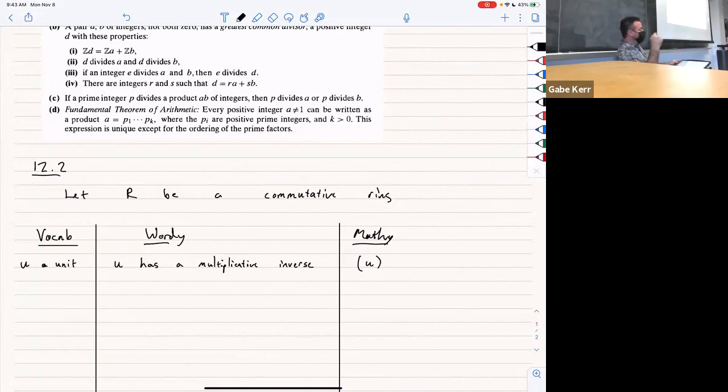So I can multiply U by some element V, and I get V times U equals 1. So 1 is an element of my principal ideal. All multiples of U are in my principal ideal. But now 1's in the ideal, and all multiples of any element in the ideal have to be in the ideal. What are all the multiples of 1? The whole thing. That's R.